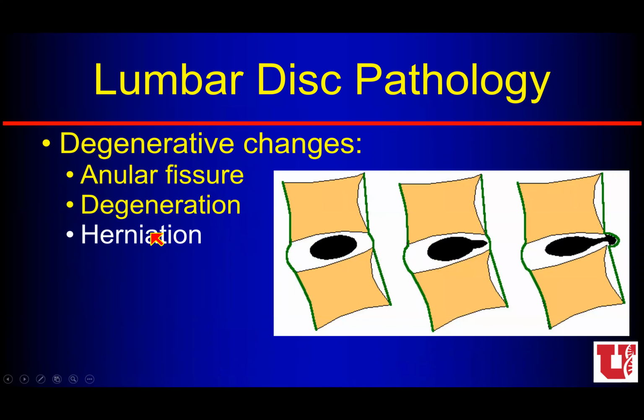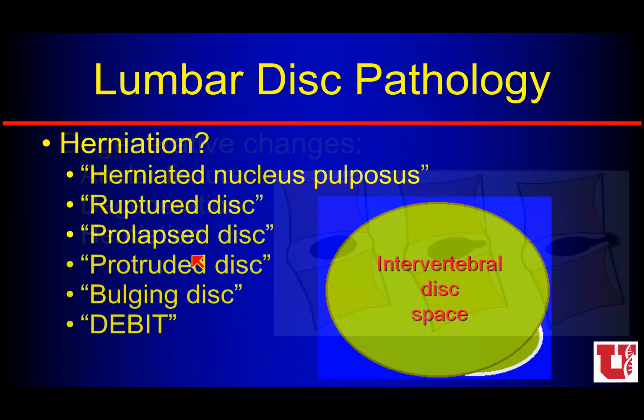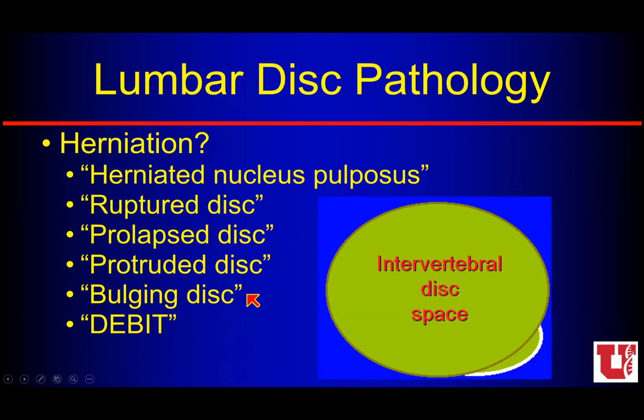Now, when we talk about the disc material and what it's doing in relationship to the vertebral body, that's when we start talking about herniation. And there are a lot of different words we use to discuss herniation: herniated nucleus pulposus, ruptured disc, prolapsed disc, protruding disc, disc extending beyond the intervertebral disc space. A lot of different words that we use to describe this.